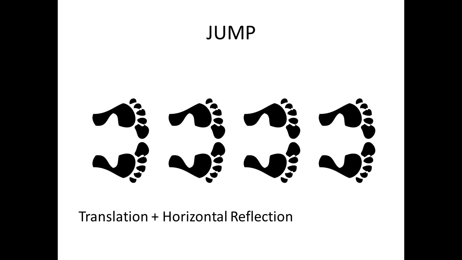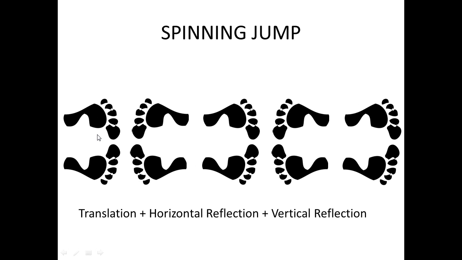Then you have a jump, which is a translation plus the horizontal reflection. And you have one that combines all of them, translation and reflection, and really two reflections, horizontal and vertical reflections. And sometimes you can describe rotations as a combination of 2 reflections.